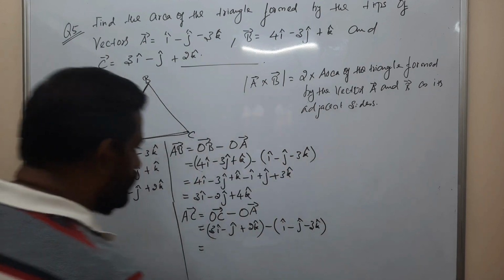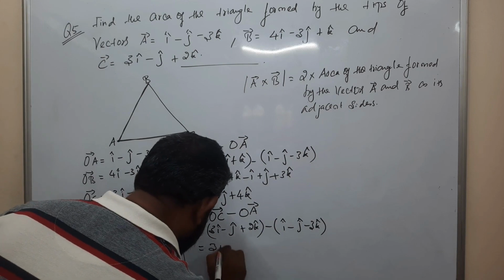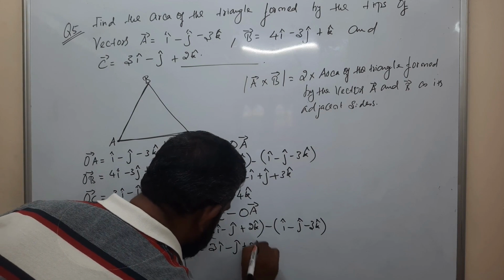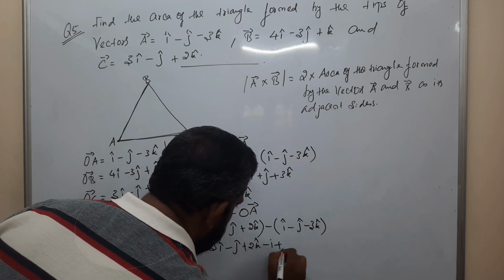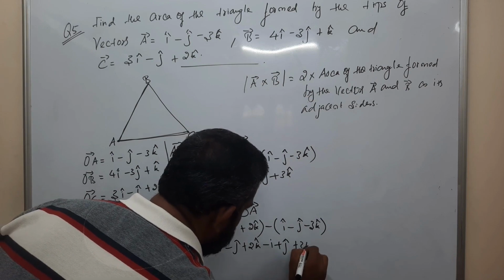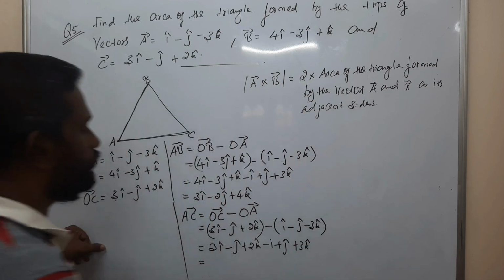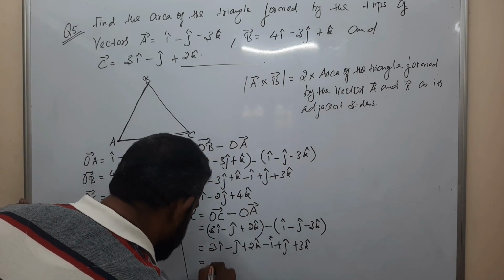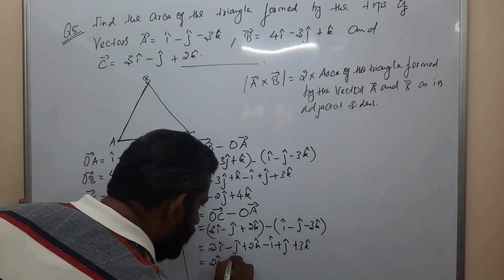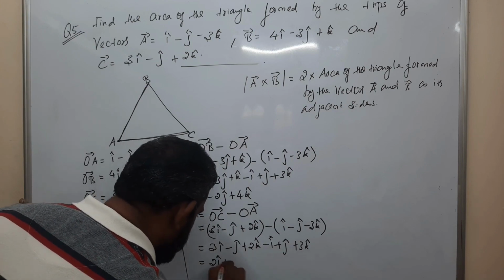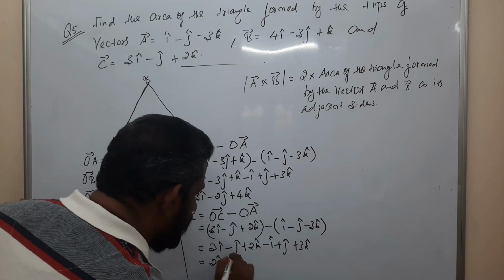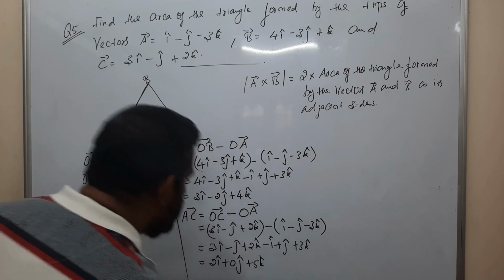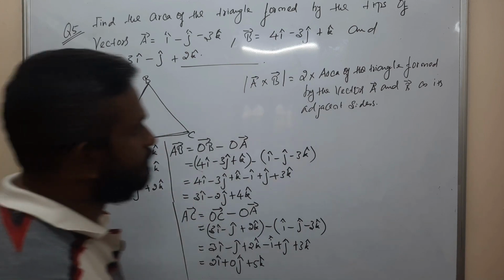So that's 3 minus 1, that is 2i cap, minus j plus j, that is 0j cap, plus 2k plus 3k, that is 5k cap. So this is the AC vector.